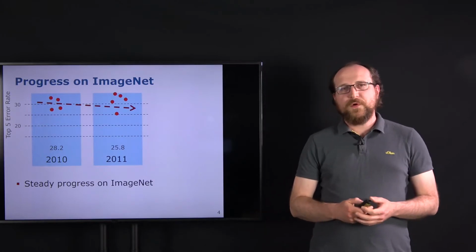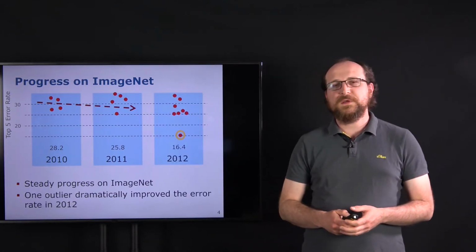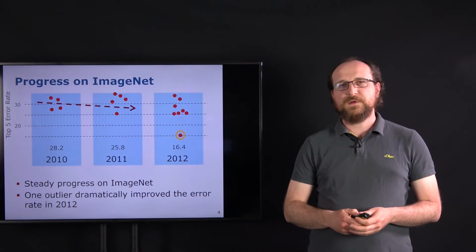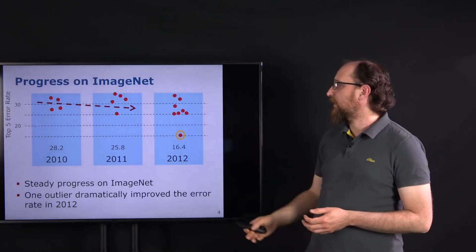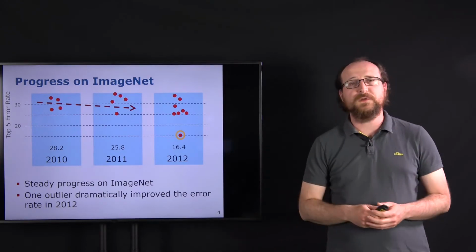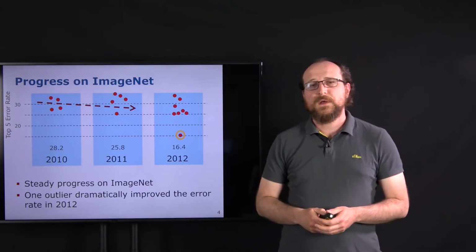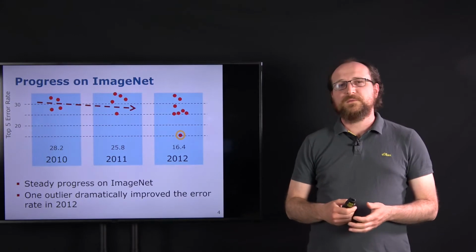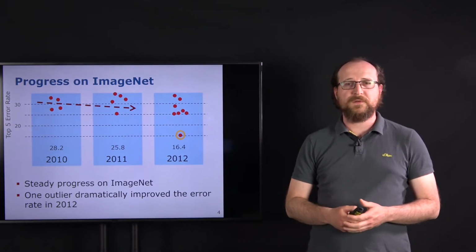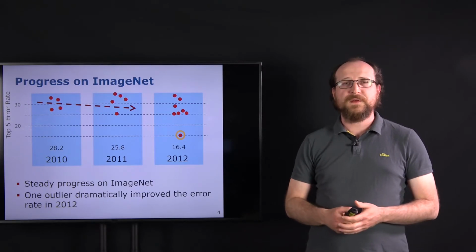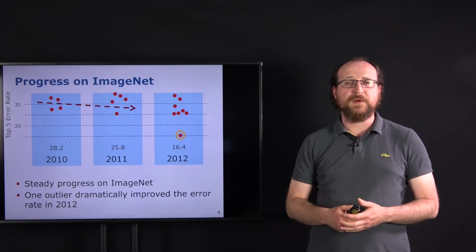When we now look further, we see the following: in the upper part we have the more traditional approaches, and we have one approach that stood out in 2012. This outlier improved the error rate dramatically over the other approaches, and reached in the end something like a 16.4% error rate.